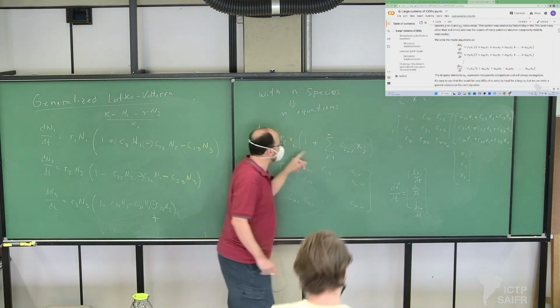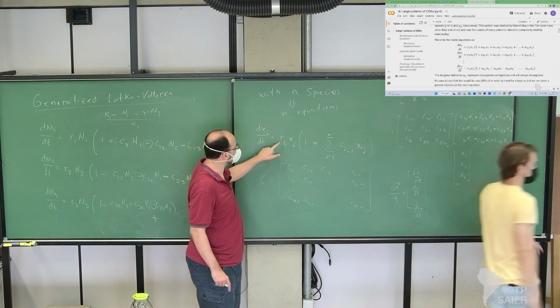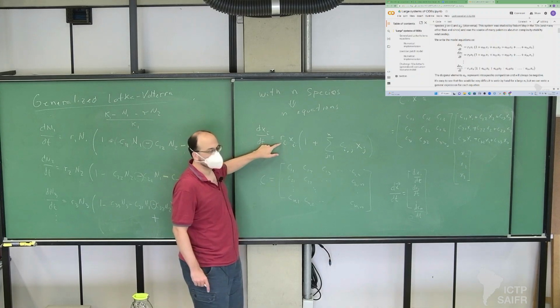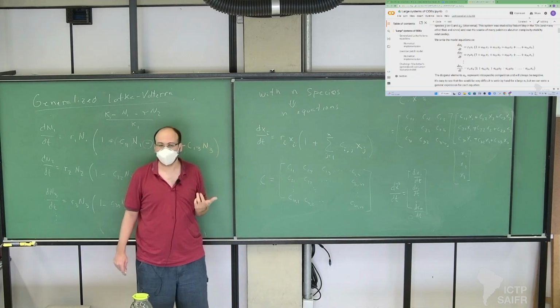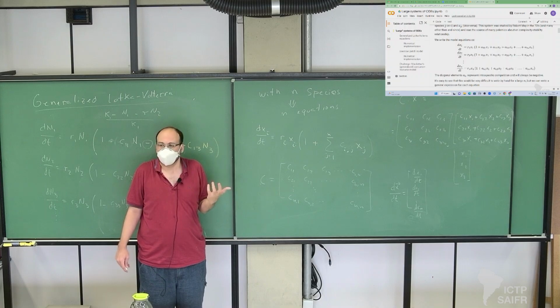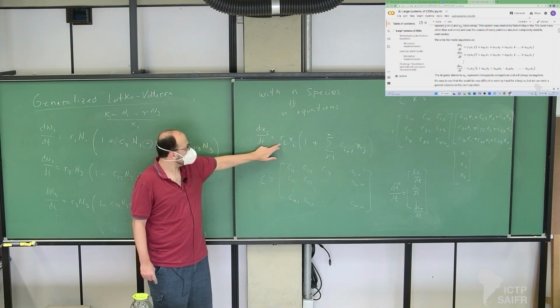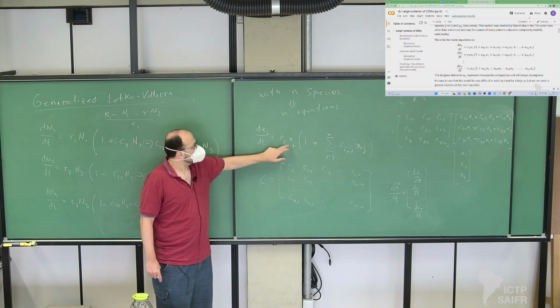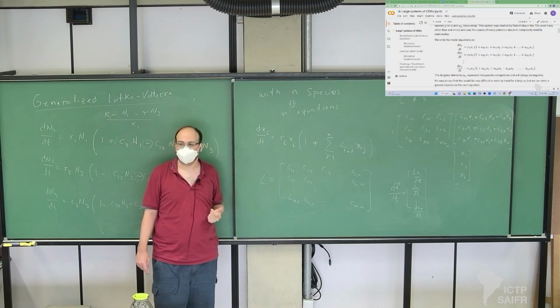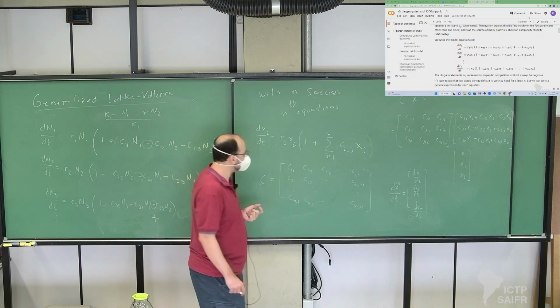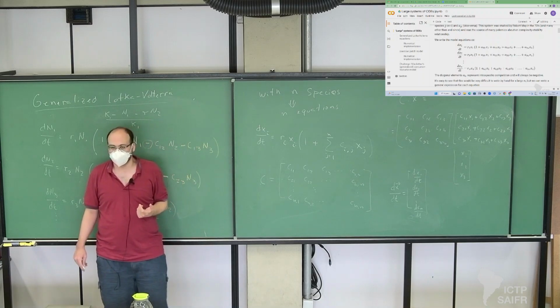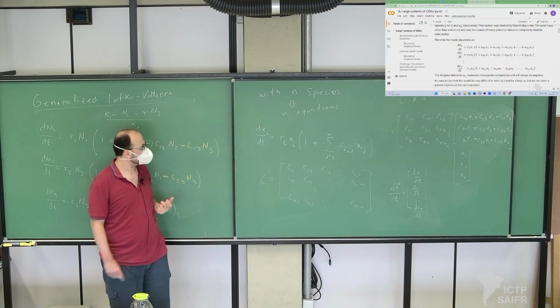So this part here, instead of having a list of parameters r_i, it's better to just have a vector of r's, okay? So I say that I have a vector here, and I want to do a multiplication element-wise with x, okay? There's a symbol for that. This is not very common in mathematics, but there's a symbol for that.